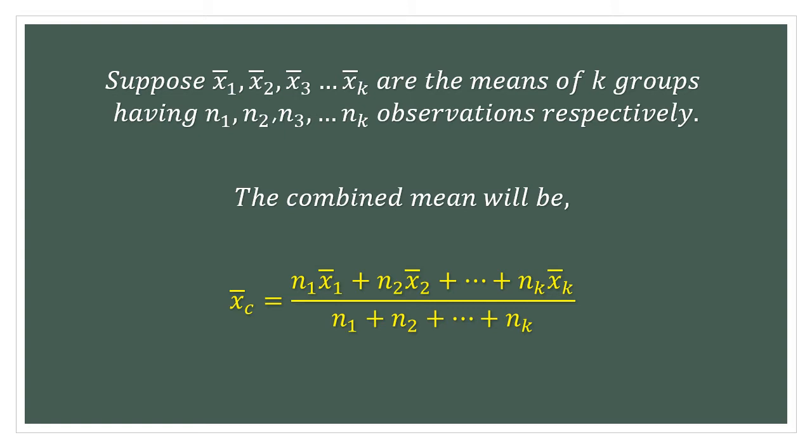So basically you get a total of all the observations divided by the total number of observations. It is a very simple method, but it seems difficult because we are not very sure how to do it. Let us take some illustrations to understand how to work using this method.